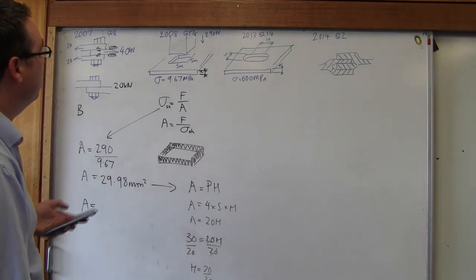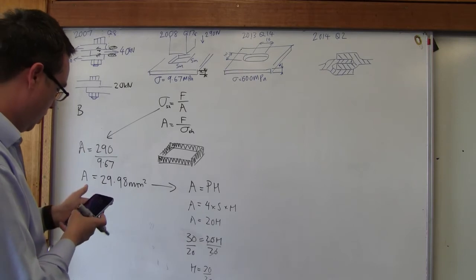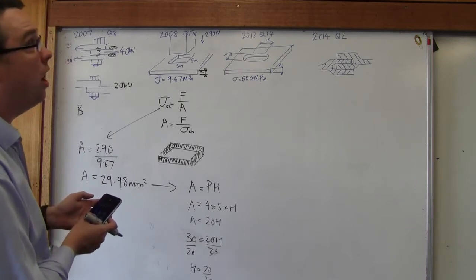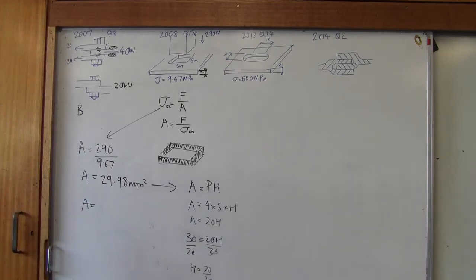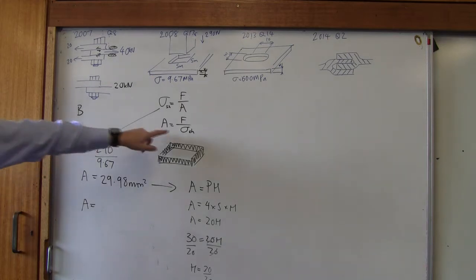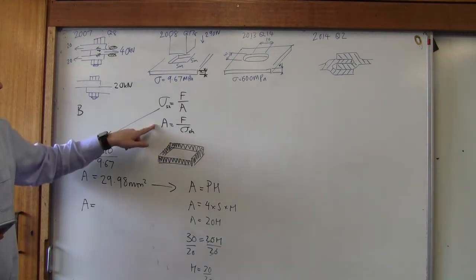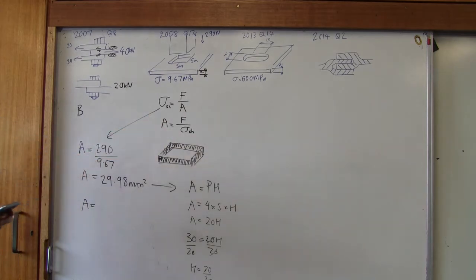9.5, so I've done something wrong. Let's have a look. Everyone loves being wrong on camera. Let me go to the question. 290 force, okay, so I've moved that up here. I swap those. So force divided by area, 290 divided by 9.67 equals that.